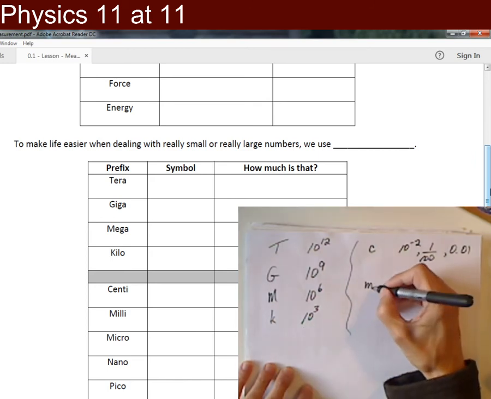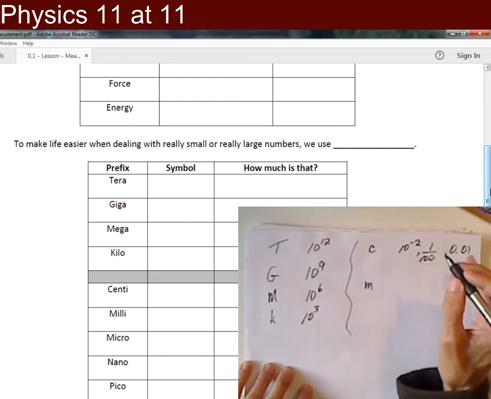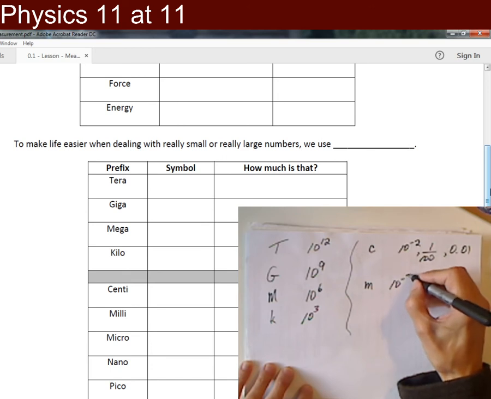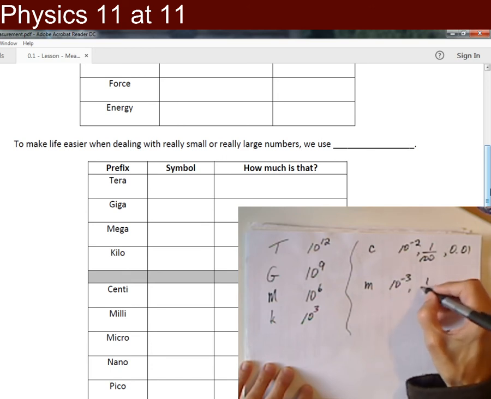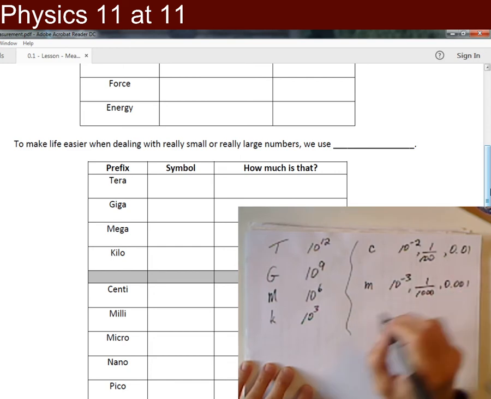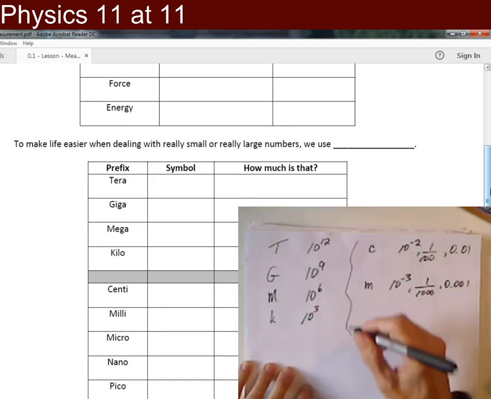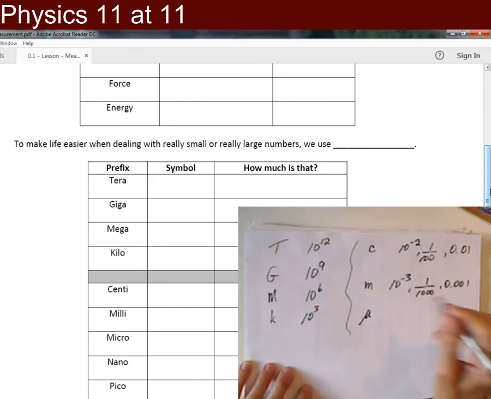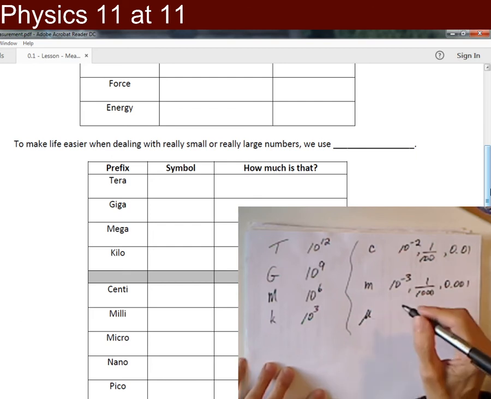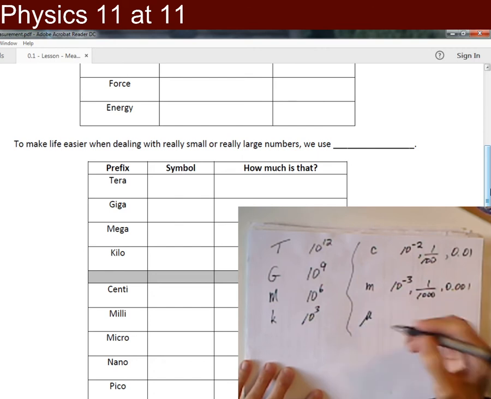Milli, same sort of style. It'll be little m and something else. Millimeter, milligram. 10 to the negative 3, 1,000th. Or watching the zeros, when you write it out like this, because it gets pretty long, 0.001. For micro, getting smaller, we jump to Greek letters. This is the Greek letter mu, like a cat. It's like a u with a tail in the front.